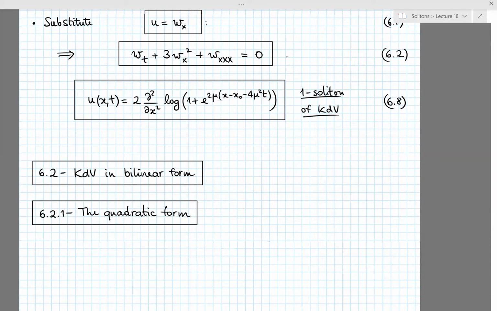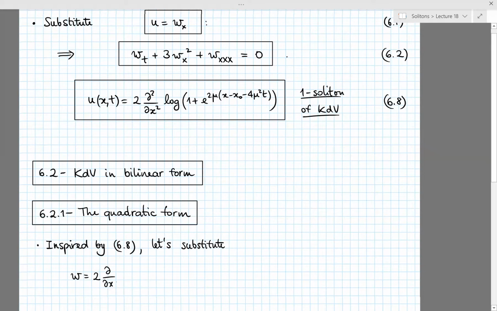So inspired by equation 6.8 for the one soliton solution of KdV, let's substitute w equal to twice the partial derivative with respect to x of the logarithm of a new field f, which is equal to 2fx over f.